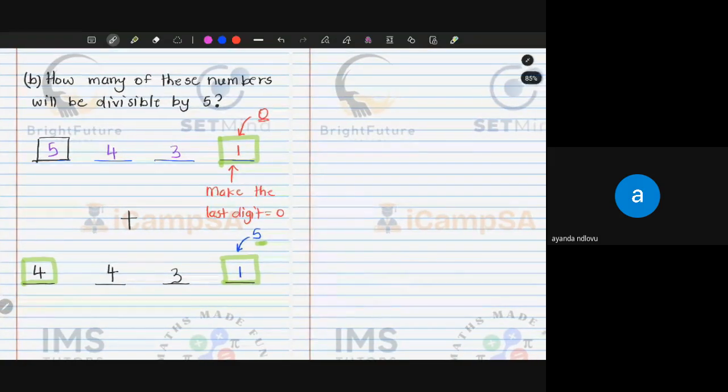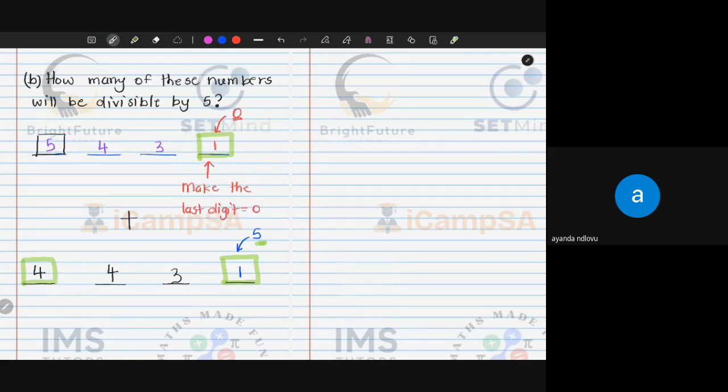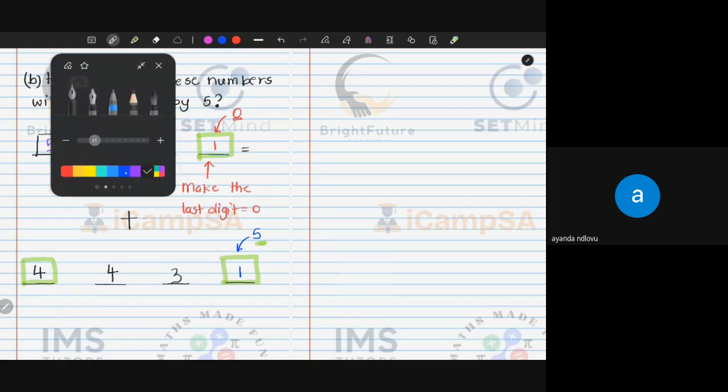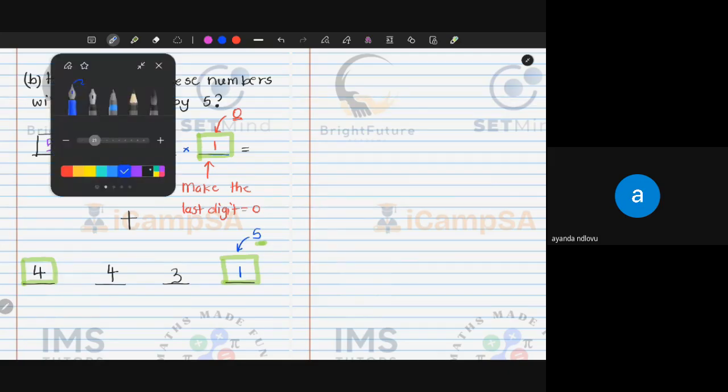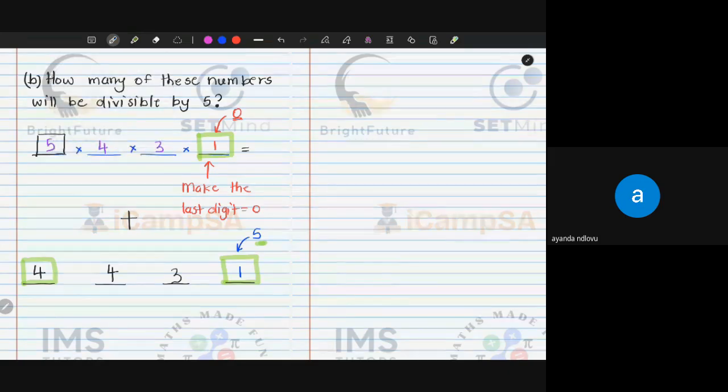Anyone, guys, who has a question here? Let me pause. Any question, guys? Let me take this one and just equate it to that and get the answer. What is the answer to this one, guys? Let's multiply, multiply, multiply. So if our number ends with a 0, how many numbers are we going to get?